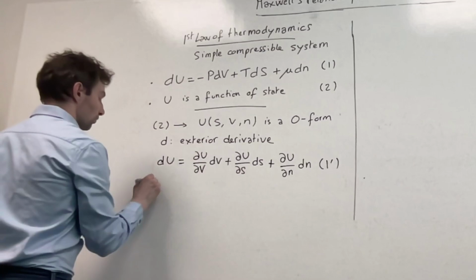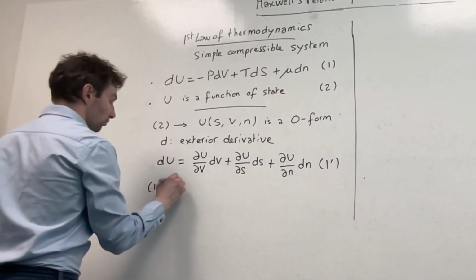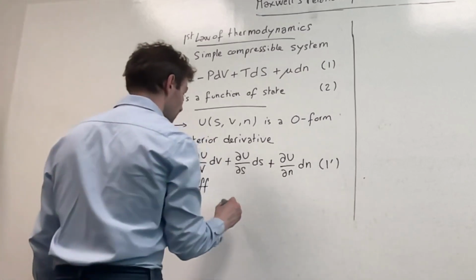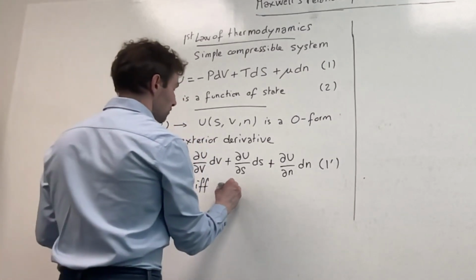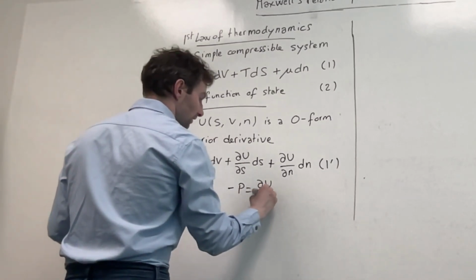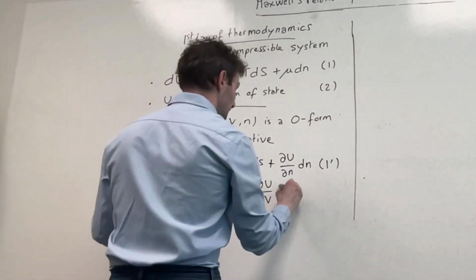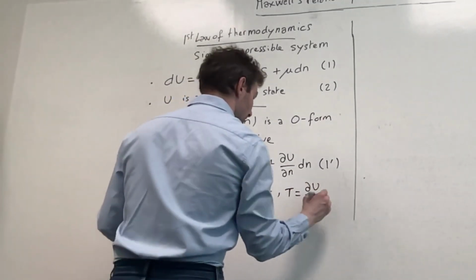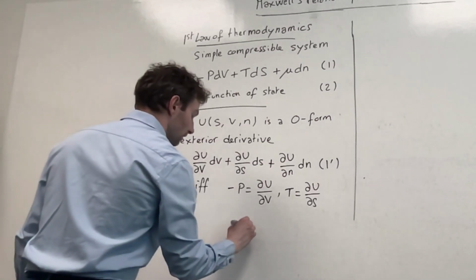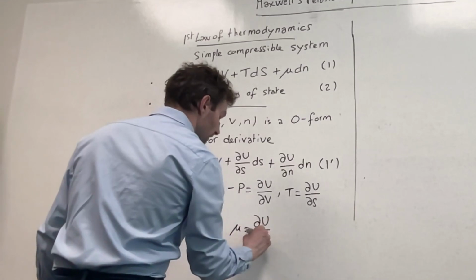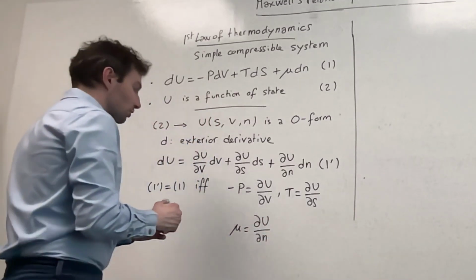So 1 prime equals 1 if and only if we end up with minus P equal to ∂U/∂V, then T equal to ∂U/∂S, and finally mu, which is the chemical potential, equal to ∂U/∂N.